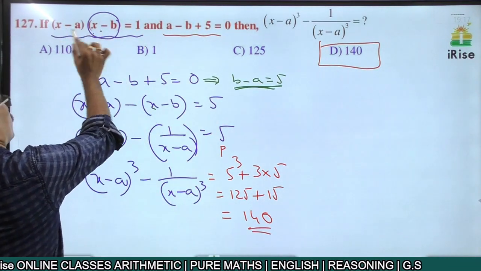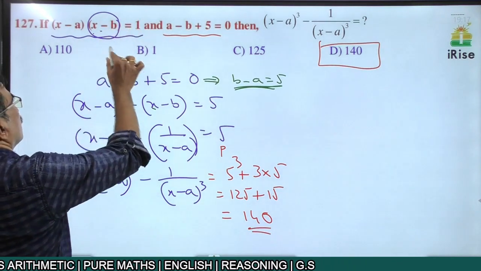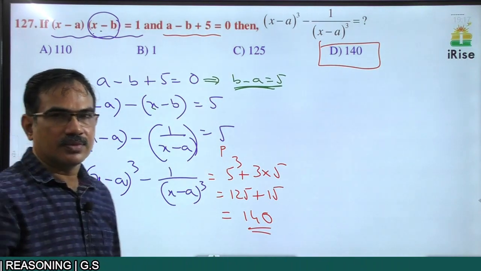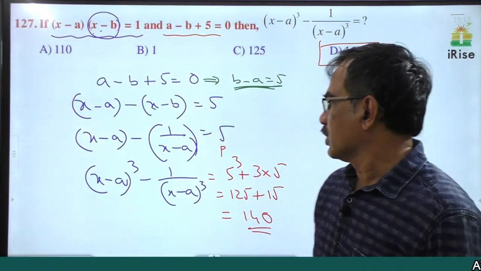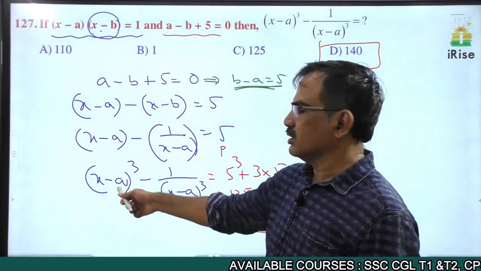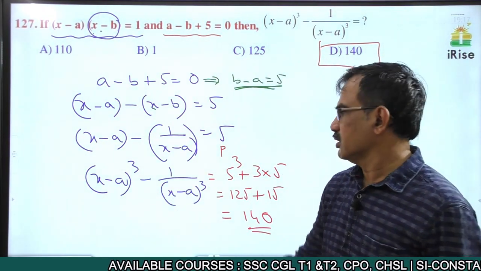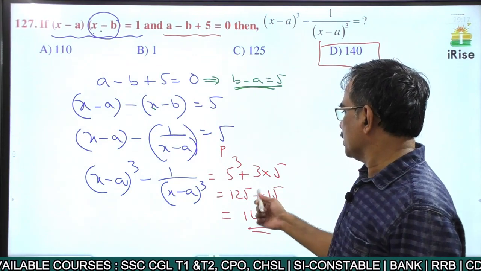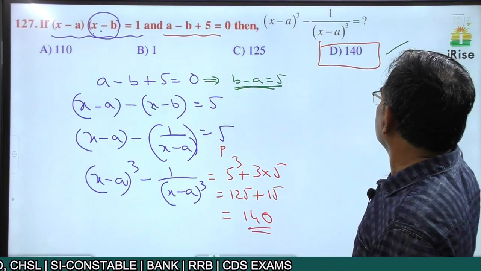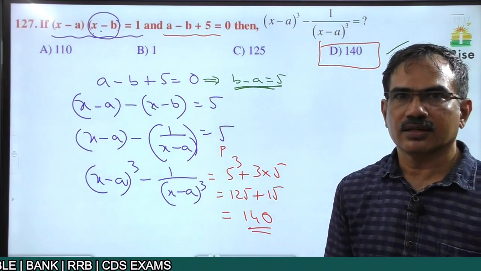From this condition, the product of these two is 1, therefore x minus b is equal to 1 by (x minus a). So therefore x minus a minus 1 by (x minus a) is equal to 5, then the cube expression is p cube plus 3p, by the formula. The answer is 140. Next question.